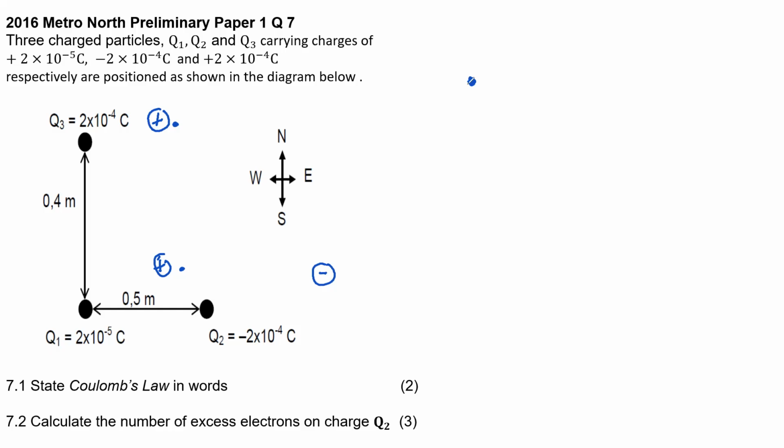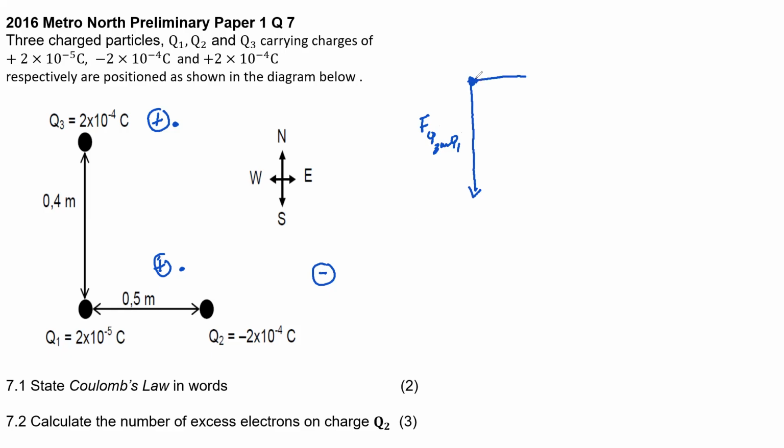That's my Q1. What is Q3 doing to Q1? Away. So force Q3 on Q1. And then maybe we can have it this way. What is Q2 doing to Q1? So this one is positive and this one is negative. So definitely Q2 is attracting Q1.